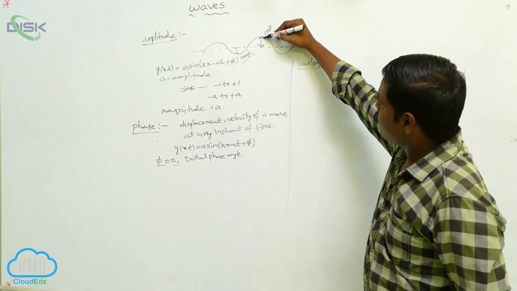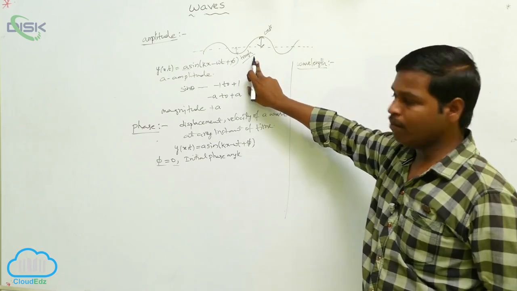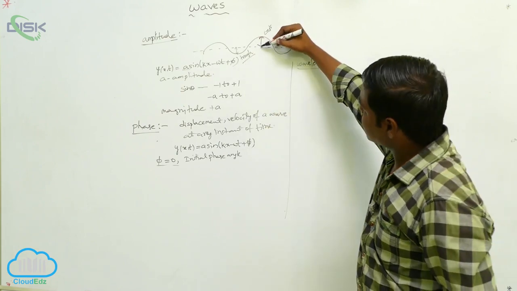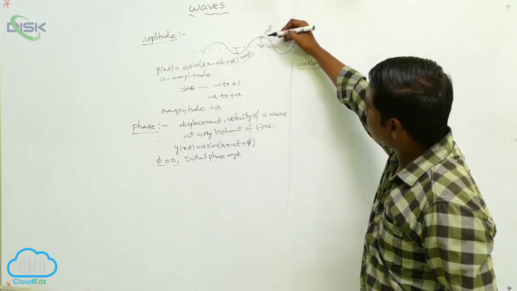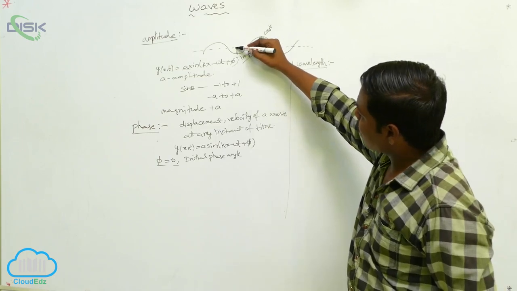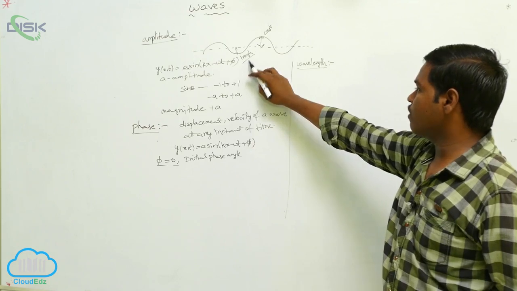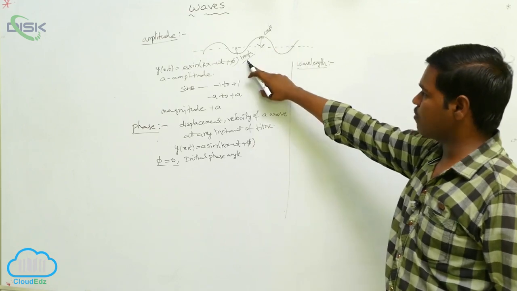When a wave is traveling in the medium, crests and troughs are always forming.